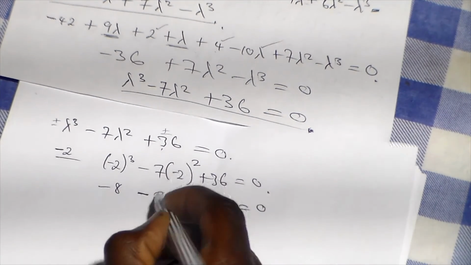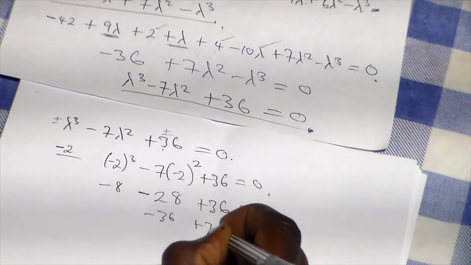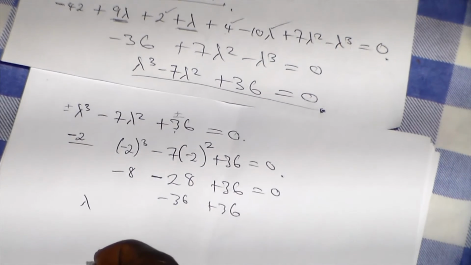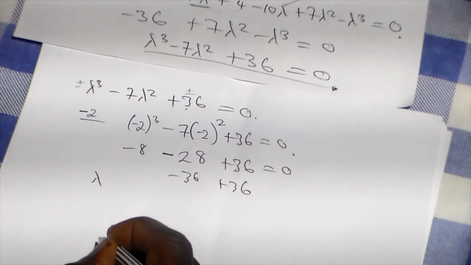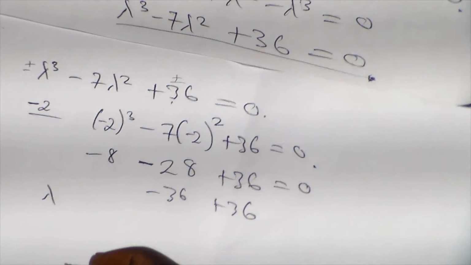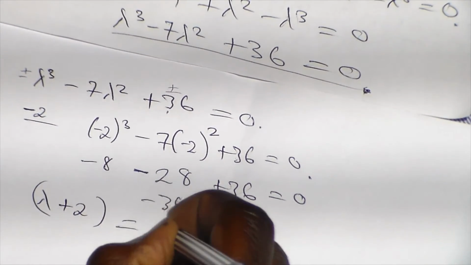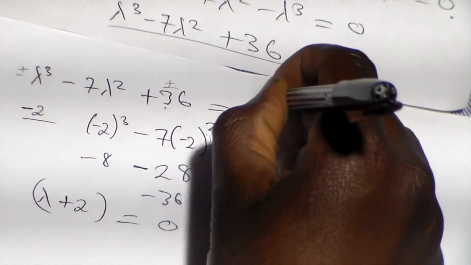This is giving me a 0. So it means that lambda plus 2 is equal to 0 is a factor for this characteristic equation.